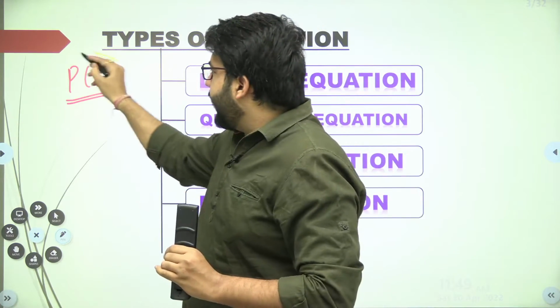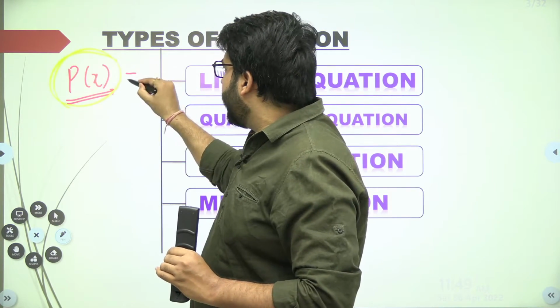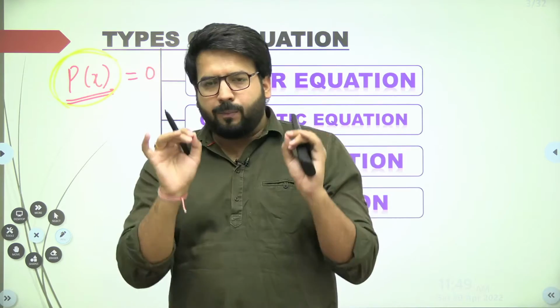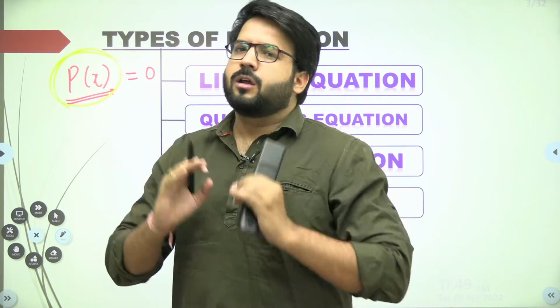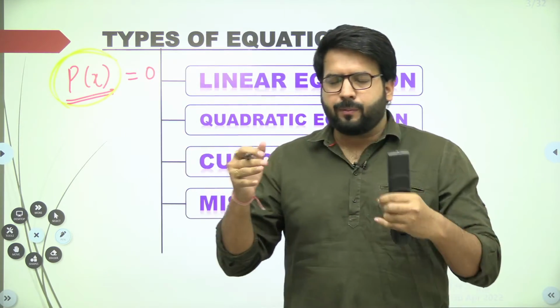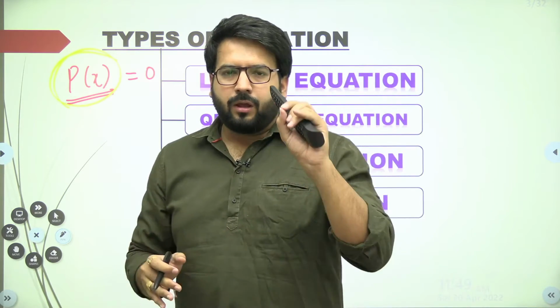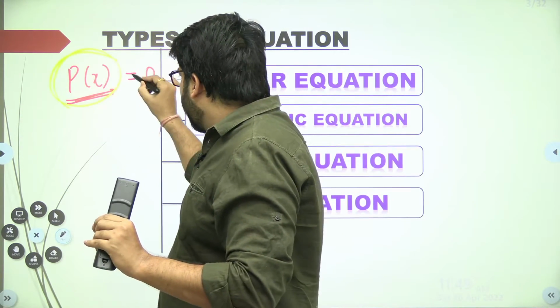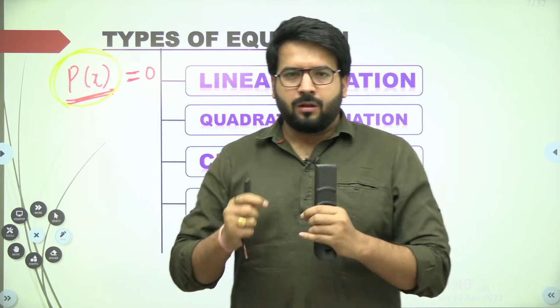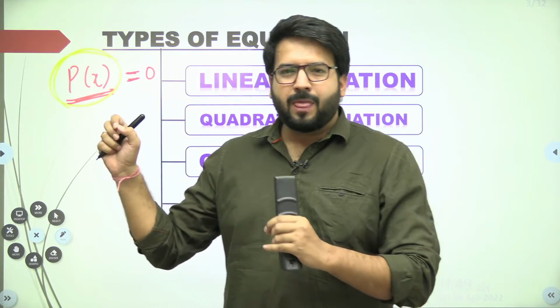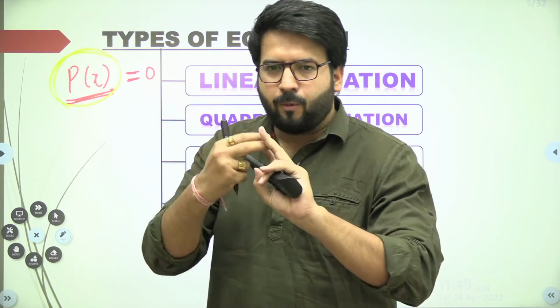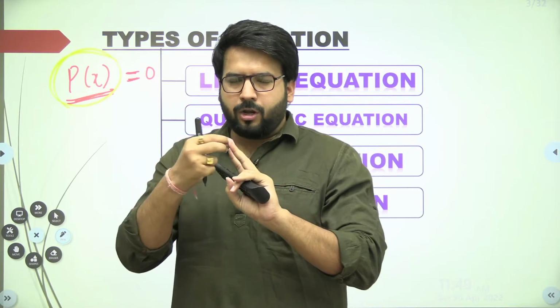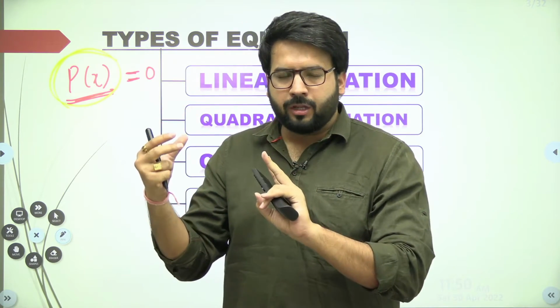So if any polynomial is written equal to 0, then that polynomial is known as an equation. That is the difference between a polynomial and an equation. Polynomial consists of 2 terms, poly and nomial. Poly means many, nomial means terms.